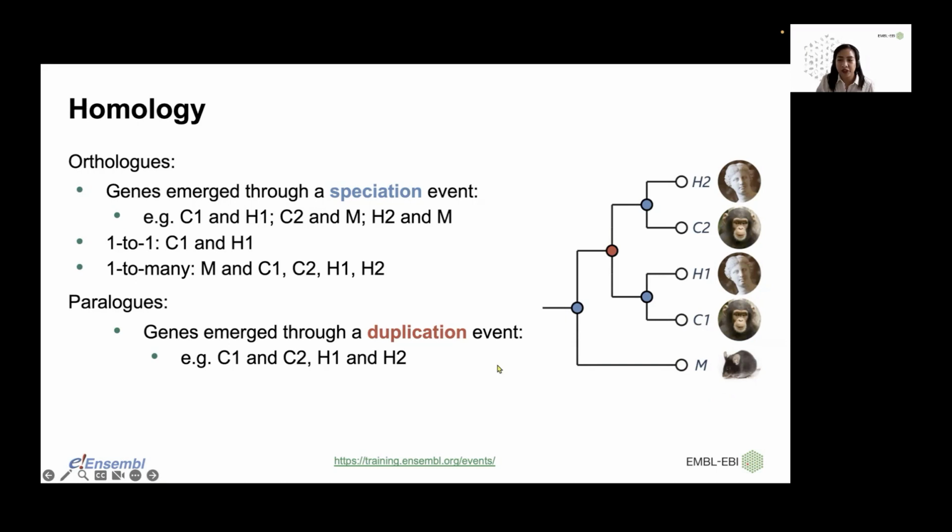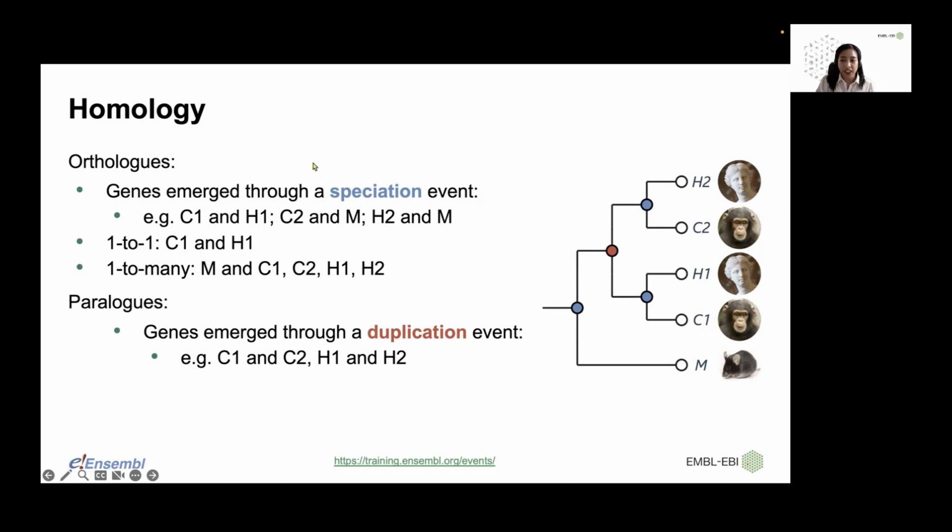The second type of homologous relationships are paralogs. So these are genes that have emerged through a duplication event. And these are represented in this red internal node here. So for example, C1 and C2 and H1 and H2, these are paralogs. So C1 and C2 are paralogs, and then H1 and H2 are also paralogs.